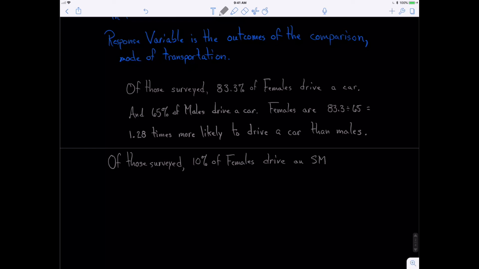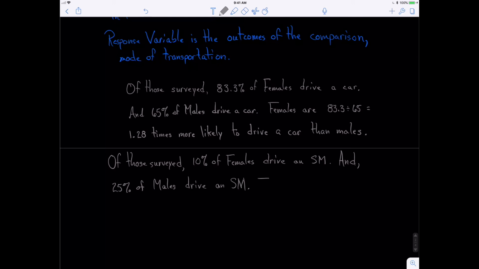If you were writing a formal paper, you would write it out, but we're just going to use the coding that we have on our table. And 25% of males drive an SUV or minivan.